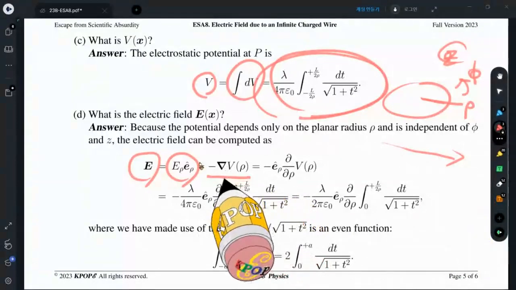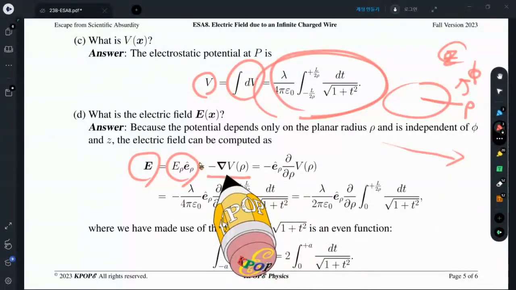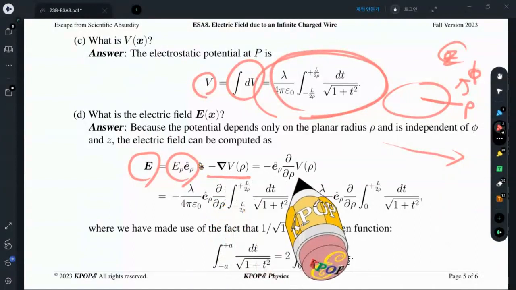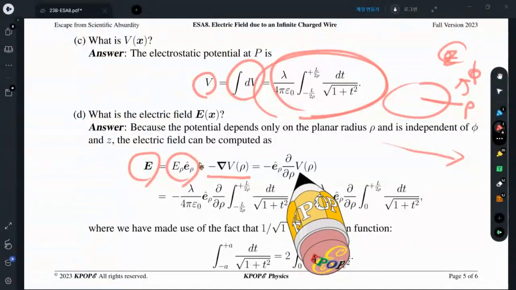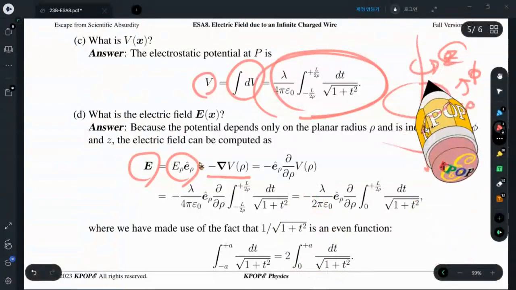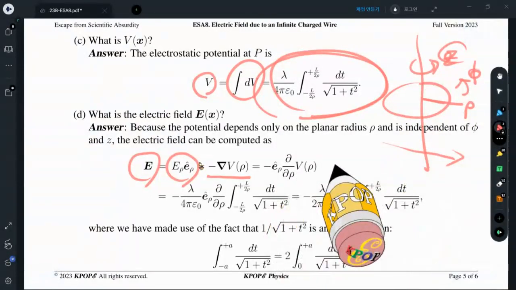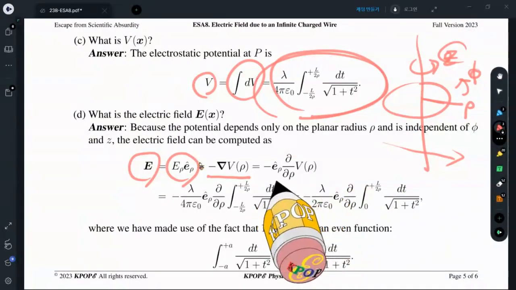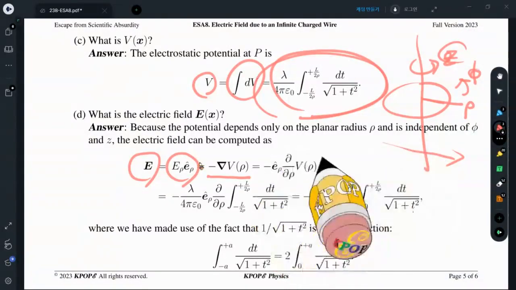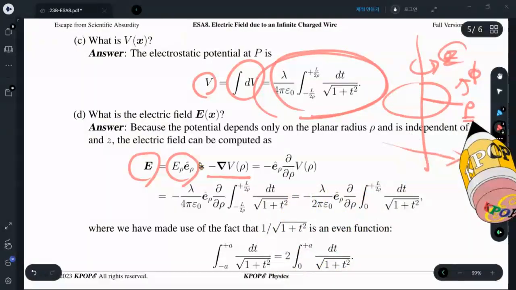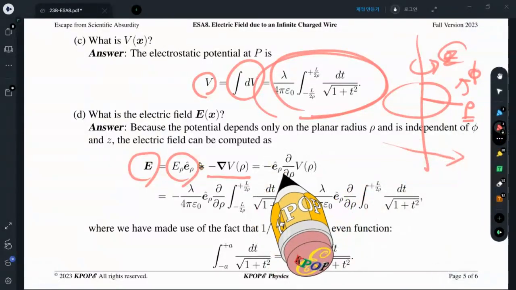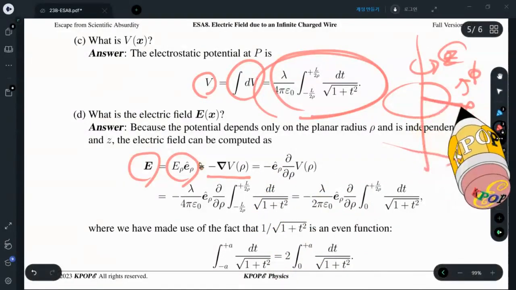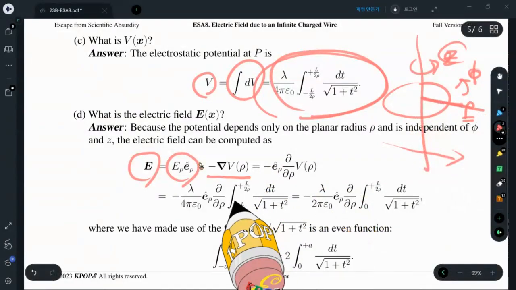The simplest way to compute this gradient: you could have made use of XYZ components, but it has a rotational symmetry about this axis. So we would rather use cylindrical coordinates. In that case, the gradient of a function that depends only on rho is in this form, just a single direction only.